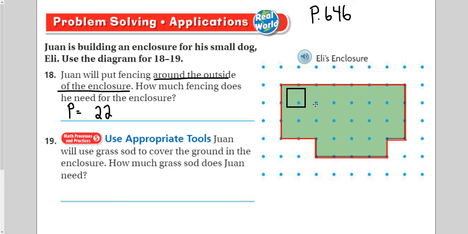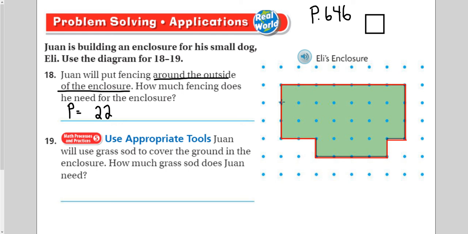We'd put one here and then one right here, so on and so forth, until all of a sudden you've got this nice green lawn that you didn't have to do seeds or anything like that. Now I hope Juan's dog does not chew up the grass and dig it up, but that's for Juan and his dog Eli to figure out. We're only supposed to figure out how much grass sod does Juan need.